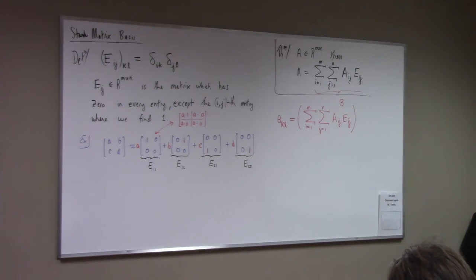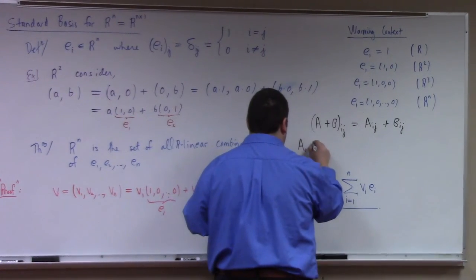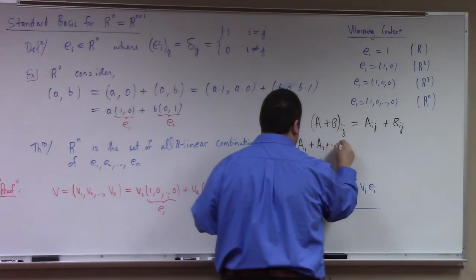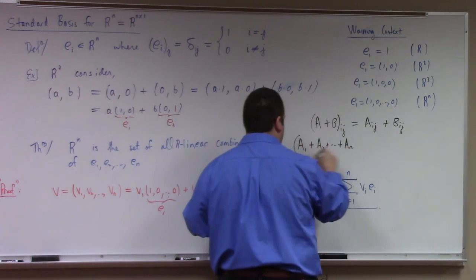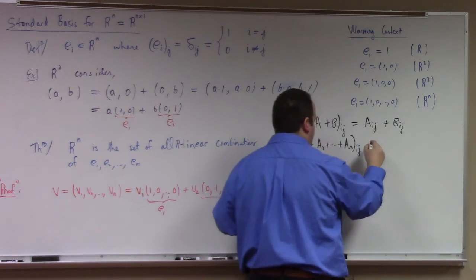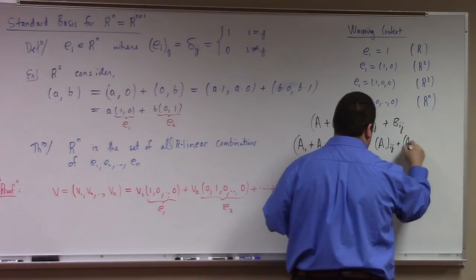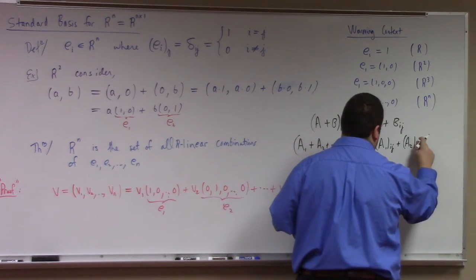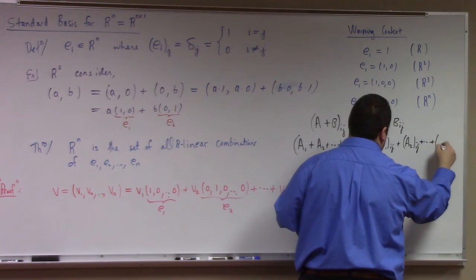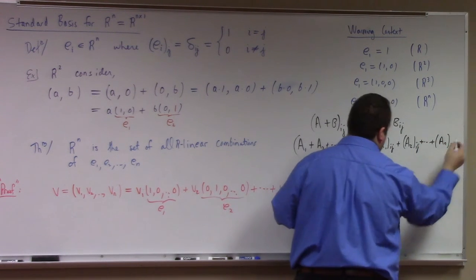I defined that (a plus b)_ij was a_ij plus b_ij, but you could inductively prove that if I had a1 plus a2 plus and so on plus an, then the ij component would just as well be a1_ij plus a2_ij plus and so on plus an_ij.